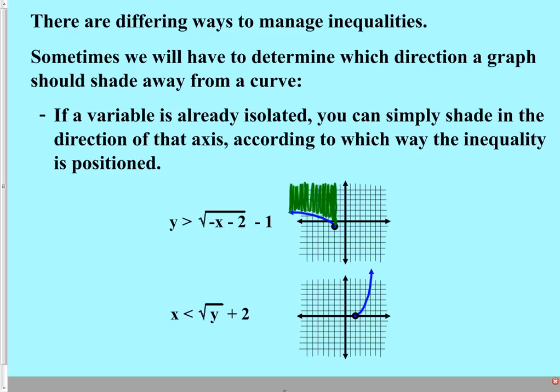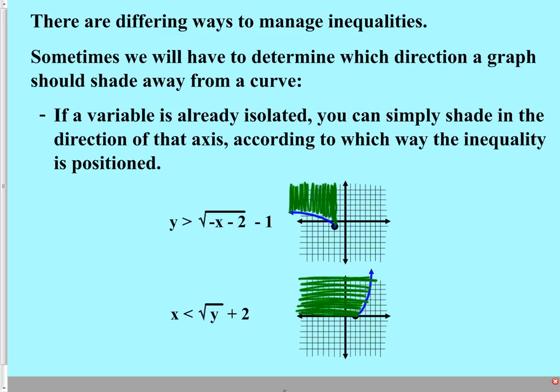Well, the equation says x is smaller than the square root of y plus 2. Where are the smaller values for x located? They are located to the left. So from that graph, we would shade to the left. And once again, we will not extend any further down than the vertex. If the graph cannot go any further than that endpoint, then neither can our shading.